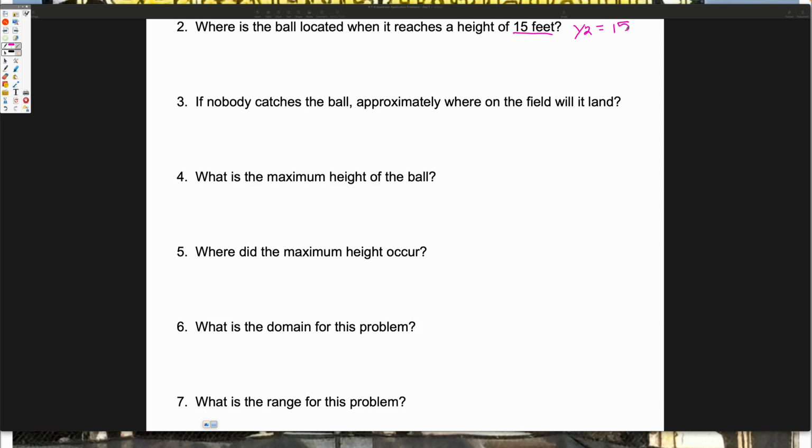So I'm going to go back to my y equals, and in y1 I have my equation, but in y2 I'm going to enter the y value it's asking me for, which is 15. Then I'm going to graph it again. There should be a line going straight through the middle of your graph. That's that 15 foot mark.